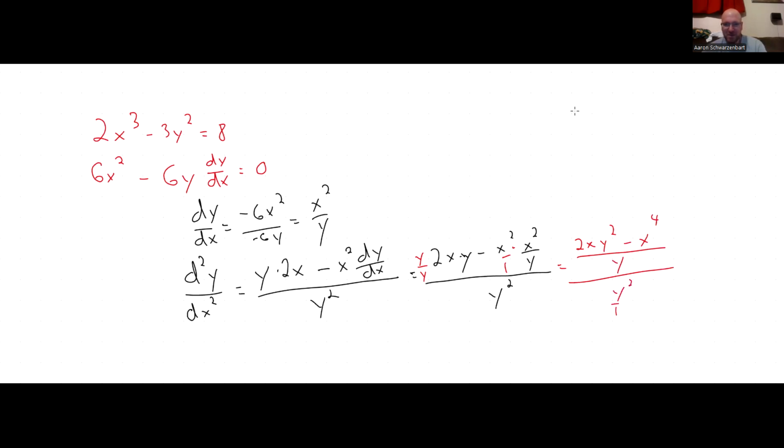Complex fractions, remember, are solved by multiplying by the reciprocal of the denominator, giving me this.